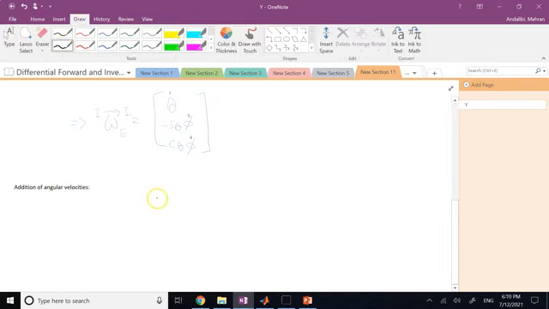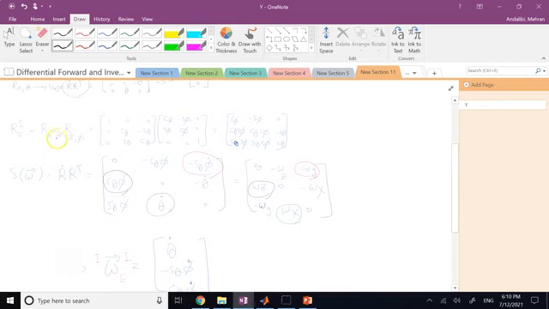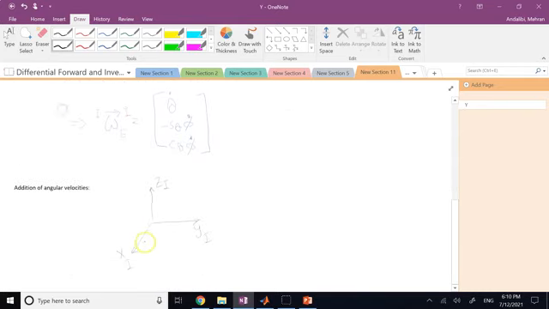I had some initial frame, and I rotated by angle theta about x. So this is theta, and also theta dot. What it does is it keeps the x the same, and rotates y and z. So you will get this frame here.